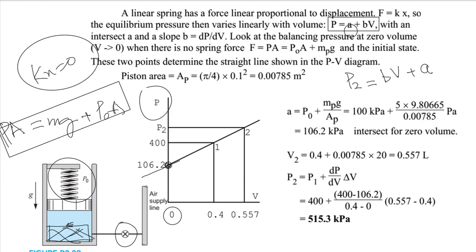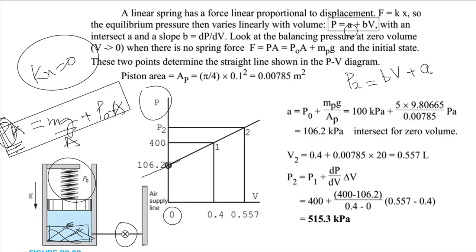This is the pressure at zero volume. If I move the area over, I would get this pressure P, the pressure at which x was 0 when the volume was 0.